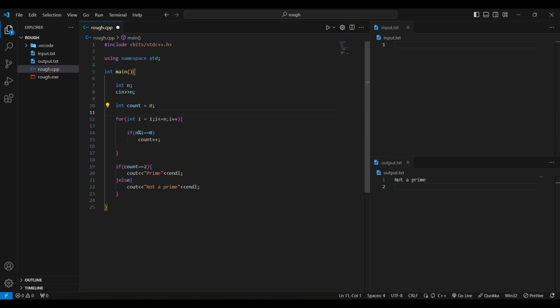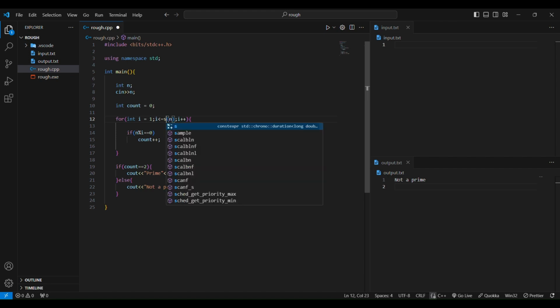So what I'm going to do is just replace this, and we will go till square root of n. And then we will check for i. I'm not going to consider 1, right? Let's count from 2, because 1 will anyway generate a count, right? So let's start from 2 and we will be checking whether there is any factor or not.